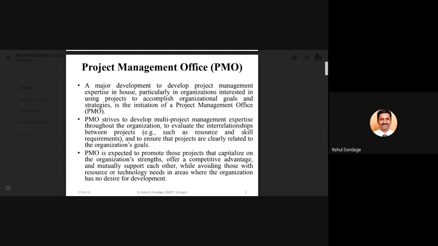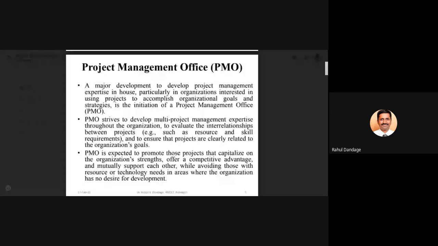So why should this Project Management Office be established? It is all to develop project management expertise in-house. Sometimes you can appoint consultants for project management and get their expertise for executing your project.